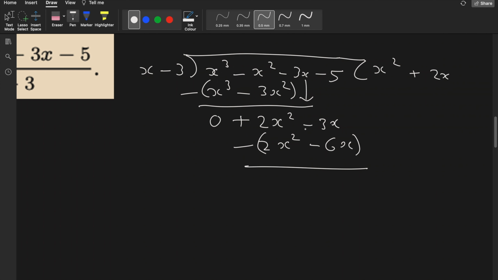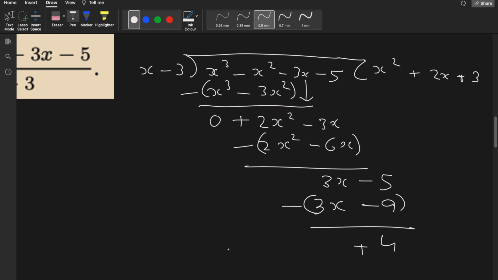So minus 3x plus 6x would give us 3x. Then let's bring the 5 down. And if we write plus 3, we'd get 3x minus 9. When we subtract this, we get plus 4.